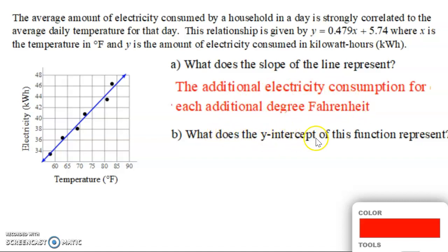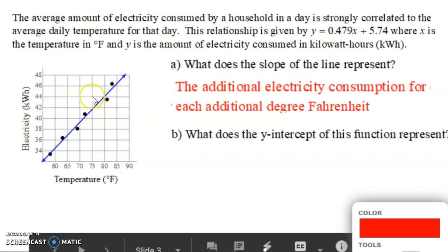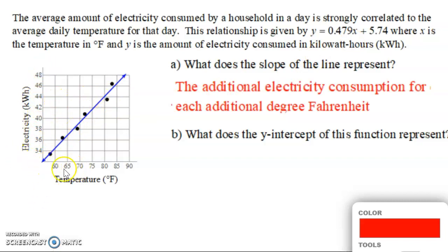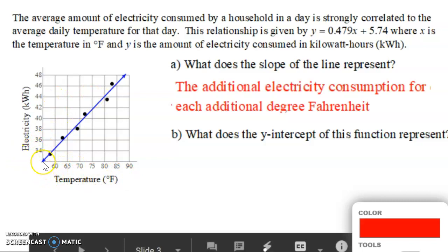So what does the y-intercept of this function represent? The y-intercept in this case is this number without the x in front, right? This number without the x is the y-intercept, and the y-intercept is where the graph crosses the y-axis. And where does the graph cross the y-axis? Always when the x value is 0.